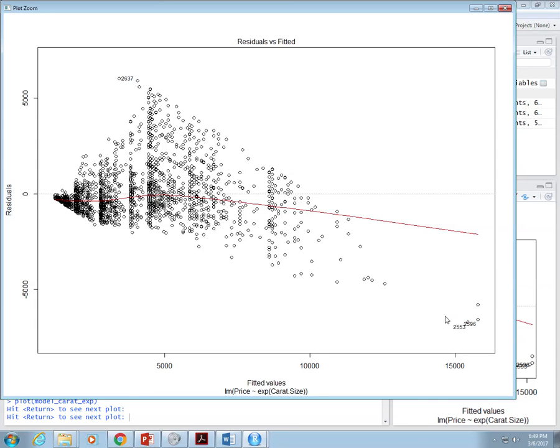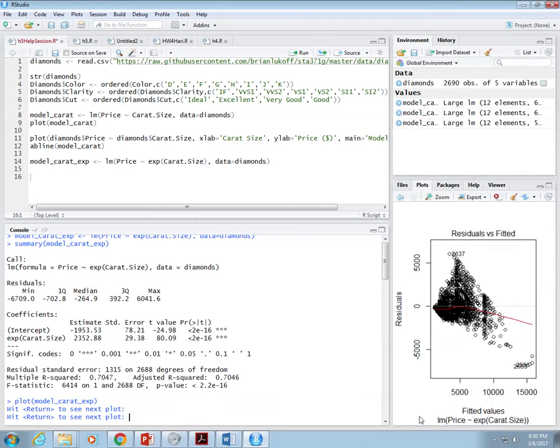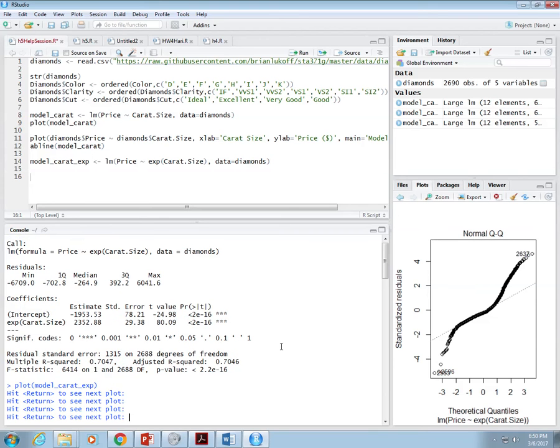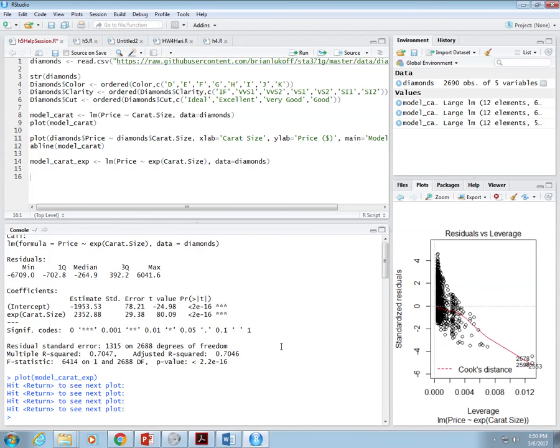These data points are getting really thrown out because they were really big. The QQ plot, you see, is not really very normal at all anymore. I don't think it worked out very well. So I don't think exponential is a great transformation for that reason.